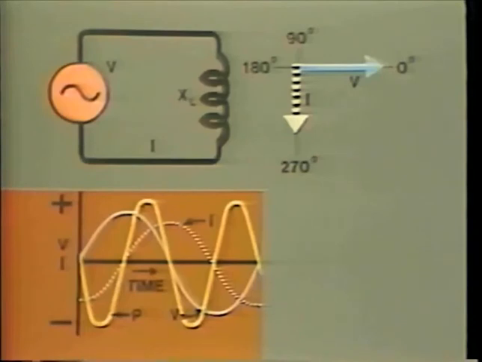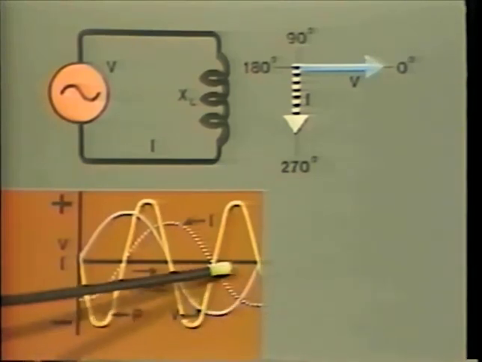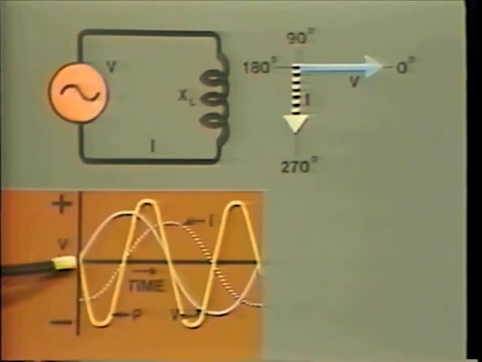For a pure inductor, we have as much negative power as positive. This means that power is being delivered to the inductor in a quarter cycle, and it is returned in the next quarter cycle. Therefore, the average power consumed over the cycle is 0.